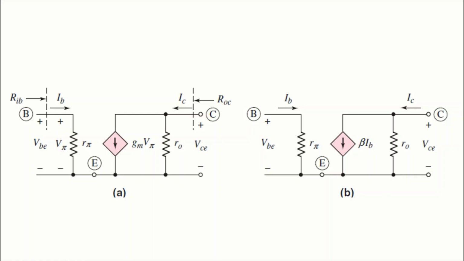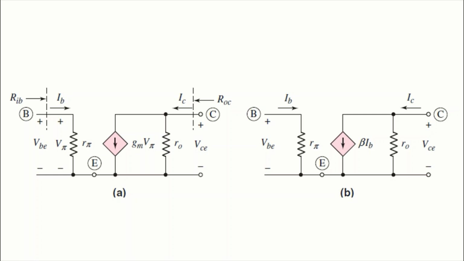So now we have the expanded small signal model for the BJT, including the output resistance due to the early effect. On the left hand side we have circuit A, which contains the transconductance parameter, and on the right hand side we have circuit B, which contains the current gain parameter.